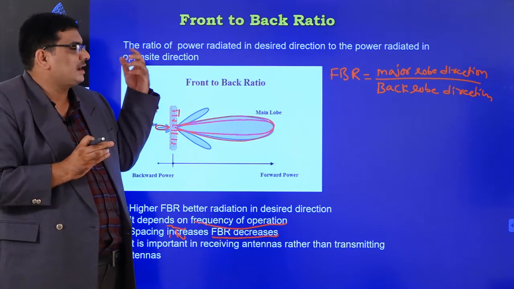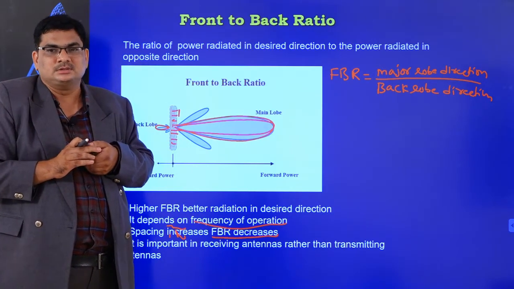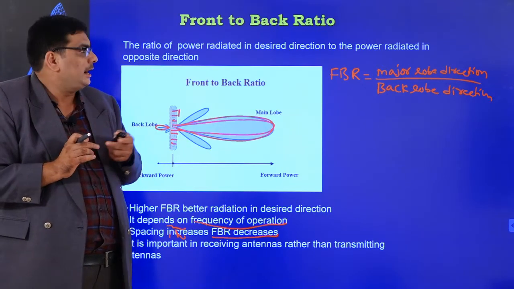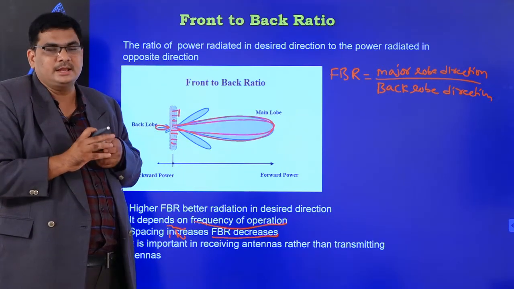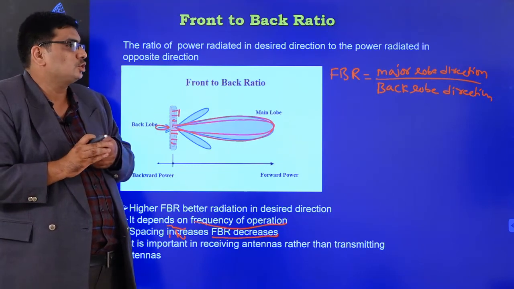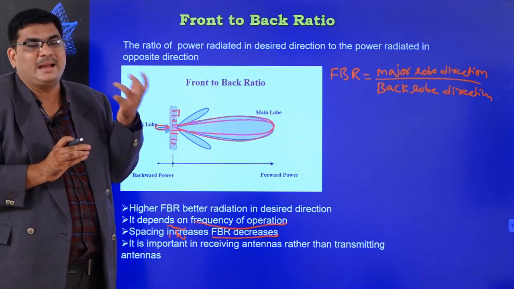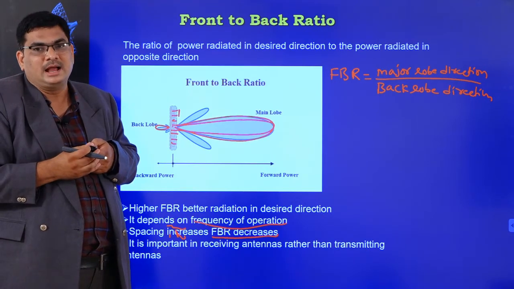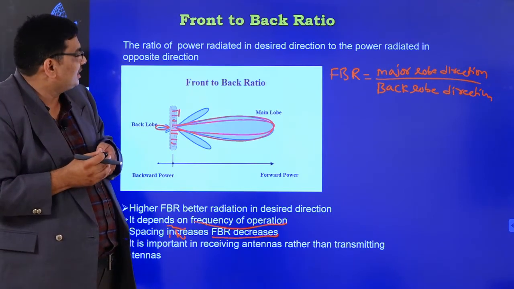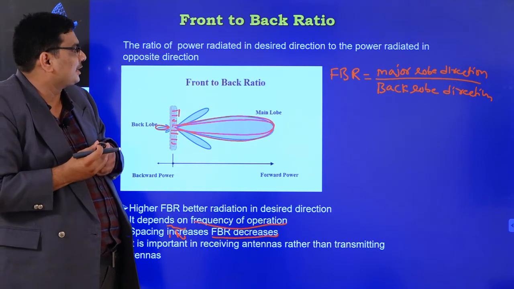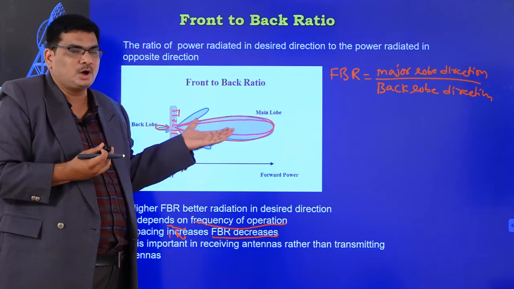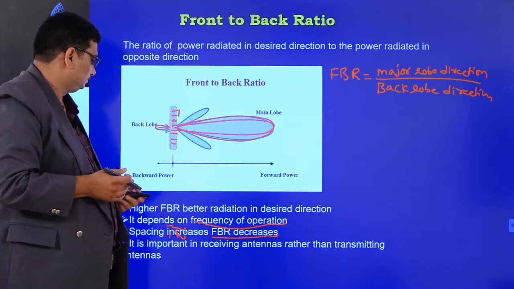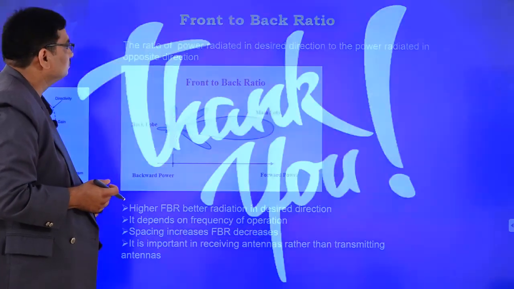After that, we discussed the radiation intensity, that is the radiated power in a particular direction, and after that directivity, the ratio of maximum radiation intensity to the average radiation intensity, and gain. Finally, we discussed the front to back ratio, which is the ratio of the major lobe to the back lobe. Thank you.